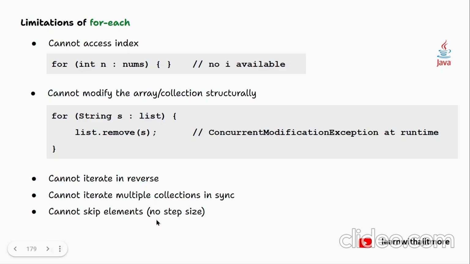When you're traversing an array using for each, you cannot get the index.